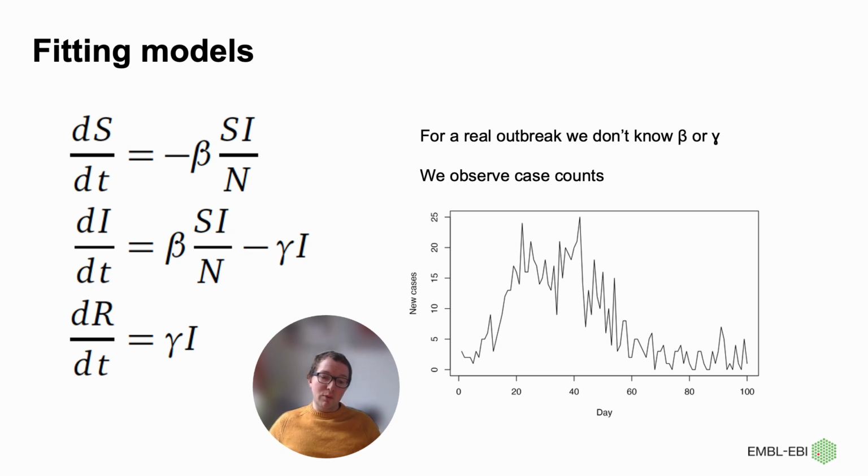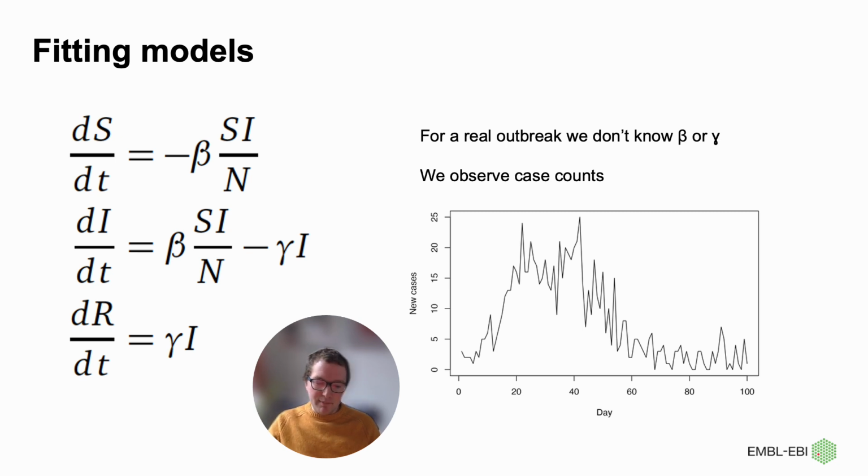But often you actually want to infer things from your data. So you might have done some experiments, have some observations, have some sequencing, and you want to know, first of all, is this model a good description of this system? And then if it is, what are the values of the parameters in that model that explain the data well?